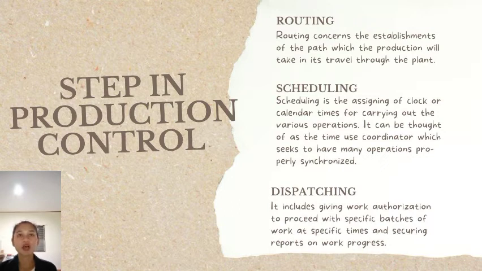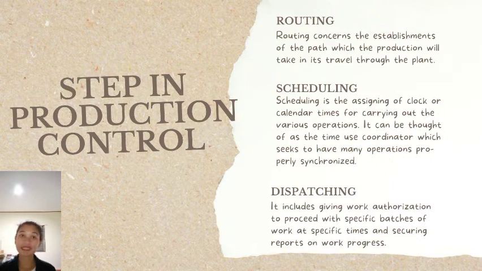It may be compared to a long-used coordinator that aims to properly synchronize a large number of operations in order to avoid extra handling, extra storage space, and the possibility of product loss and deterioration. Work should not be finished too far in advance.